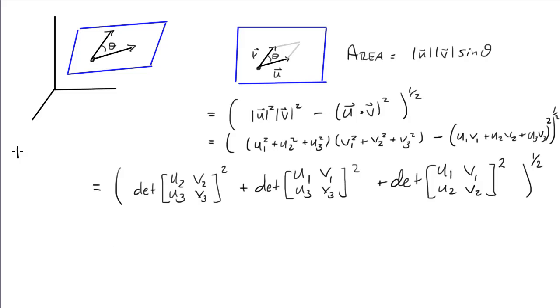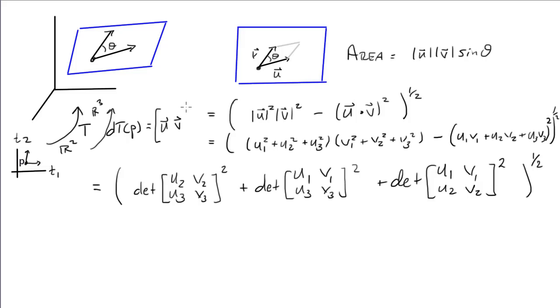Now, if we think of this as a transformation from R2 to R3, a point and 2 vectors going to a point and 2 vectors through some transformation, call the output point P. Then dt at P is the vector transformation, where our u and v vectors are tangent vectors.